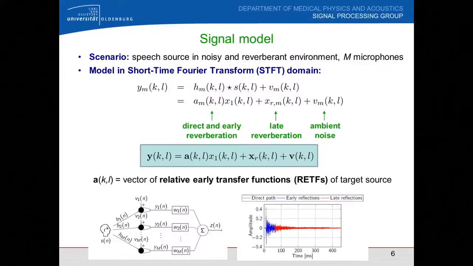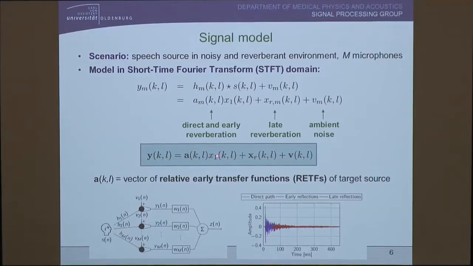If we stack everything into one vector for all the microphones, then this M-dimensional vector y can be written as a, which is just a vector, times this x1, the signal you would actually like to estimate, plus late reverberation and noise. And this vector a is called the vector of relative early transfer functions in a reverberant environment.